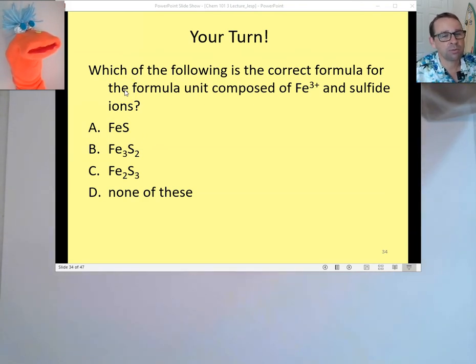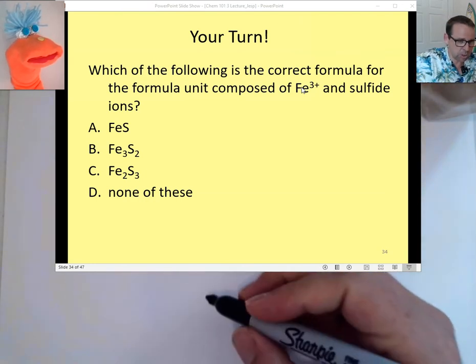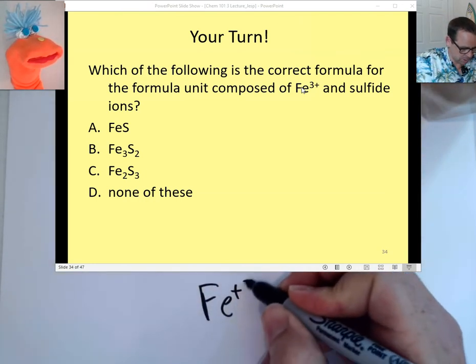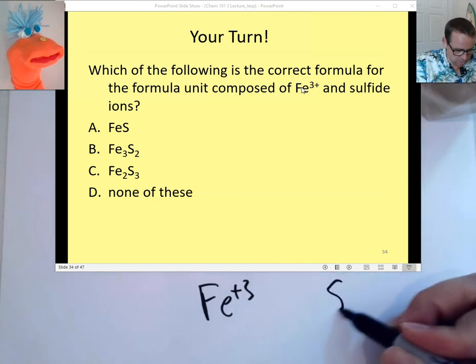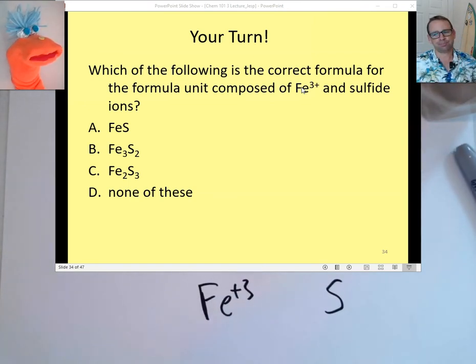And so we're trying to find out what forms when you have an iron with a +3 charge. Okay? And if you were to take iron with a +3 charge, how would it come together with the sulfide ion? So, go ahead and take a chance at home to try to find the answer to this one, and then come back and Fred will help us out.